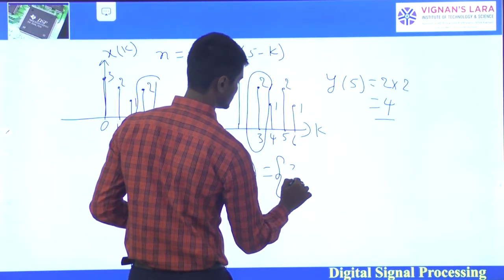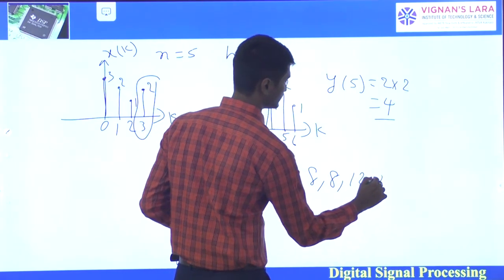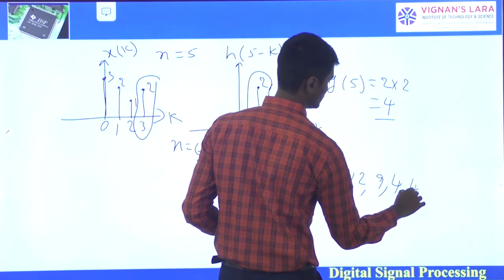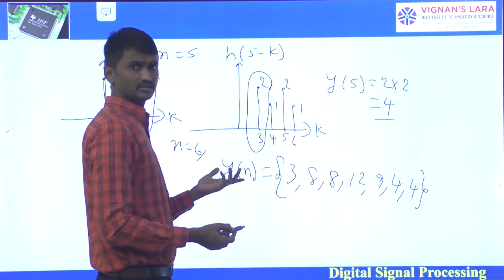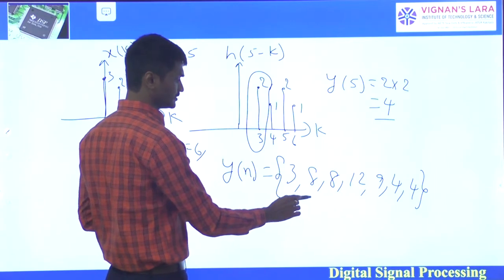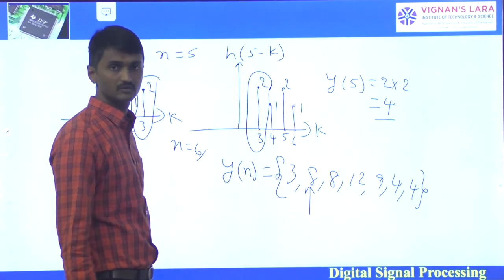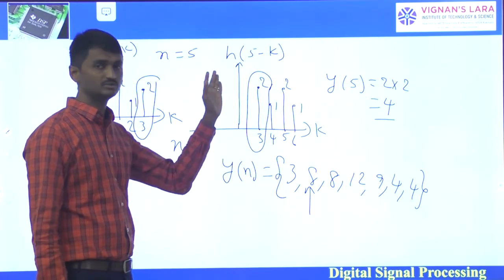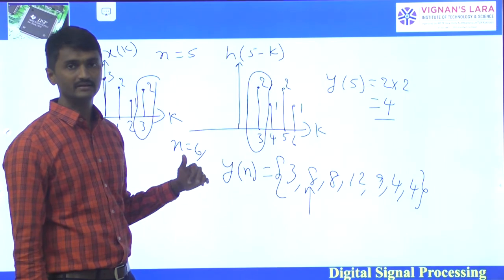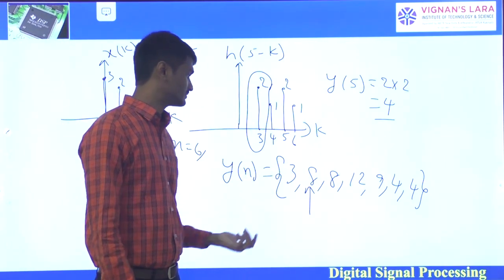That is 3, 8, 8, 12, 9, 4, 4. Then you know that the sequence is starting at n equals minus 1. So by putting an arrow, it will be starting at n equals minus 1. So this is the linear convolution between the two sequences x of n and h of n. It is the resultant sequence, the convolved signal.